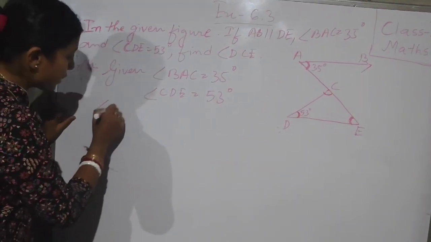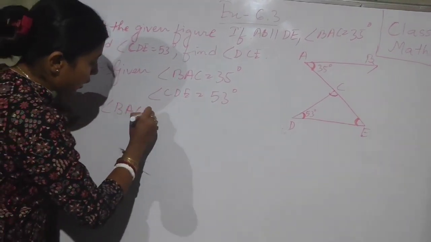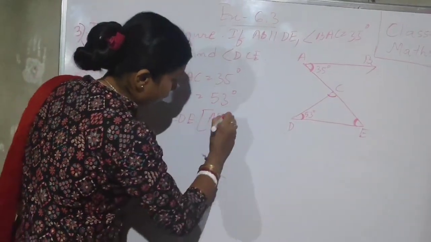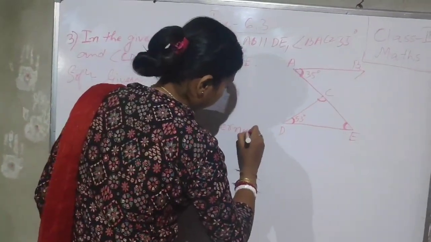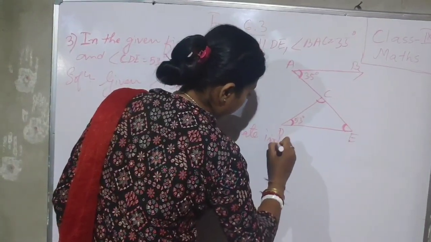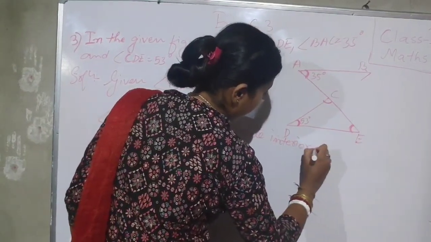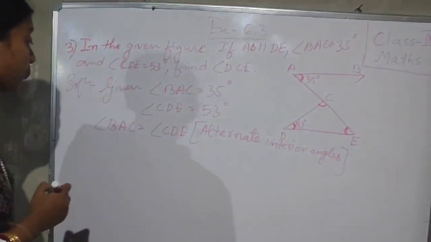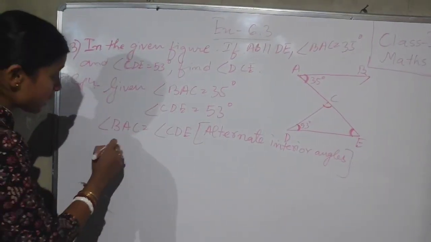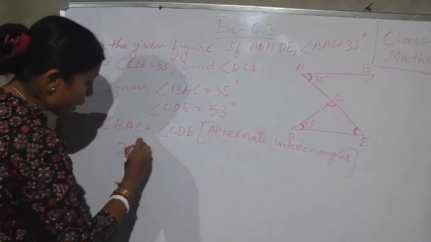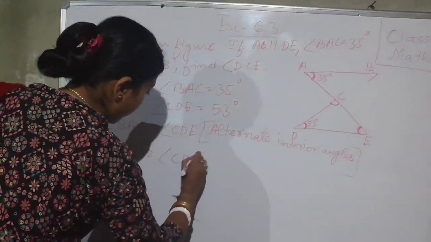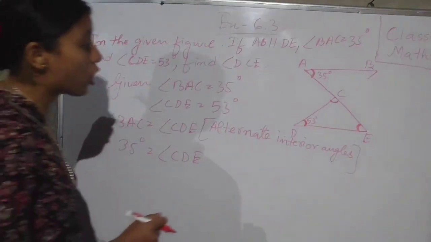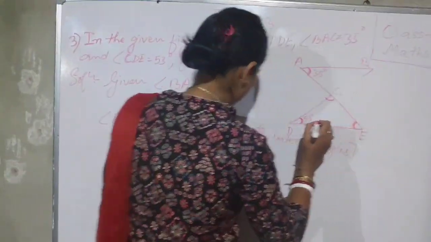So we can write angle BAC equal to angle CED, alternate interior angles. Okay, angle BAC is given as 35 degrees, so angle CED will be 35 degrees.